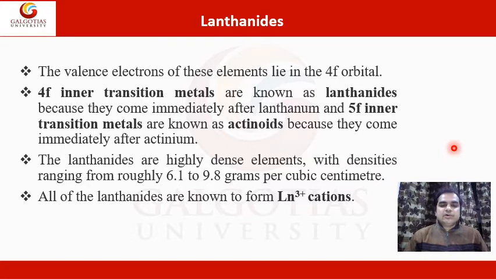The valence electrons of these elements lie in the 4f orbitals in most of the lanthanide series. The 4f inner transition elements are also known as lanthanides because they come immediately after lanthanum, and the 5f inner transition metals are known as actinides because they come immediately after the element actinium in the series.